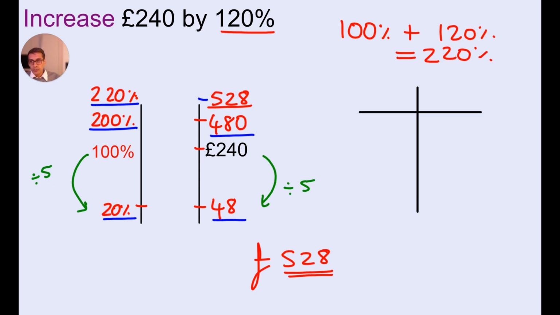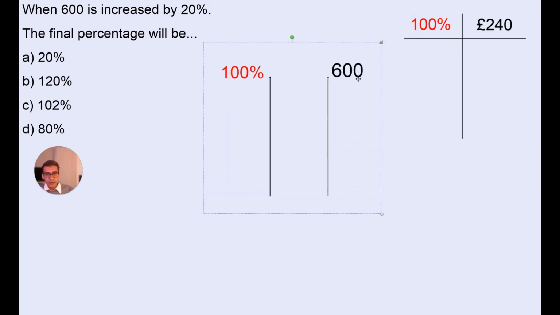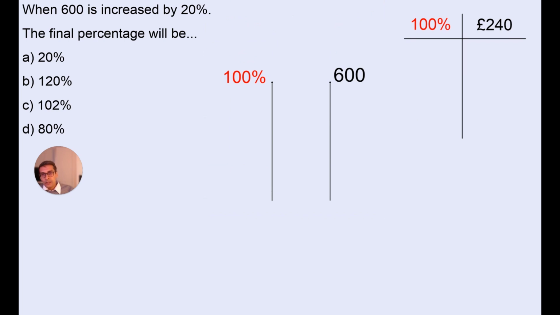Okay, last example before the exercise. When 600 is increased by 20%, the final percentage will be what? So 600, we are adding 20% on. The final percentage will be what?